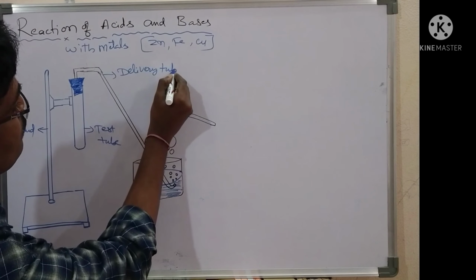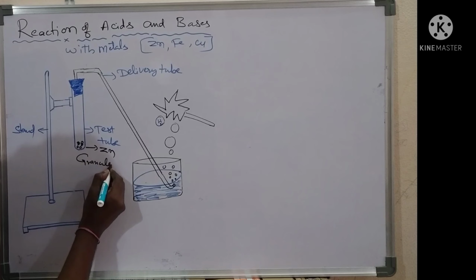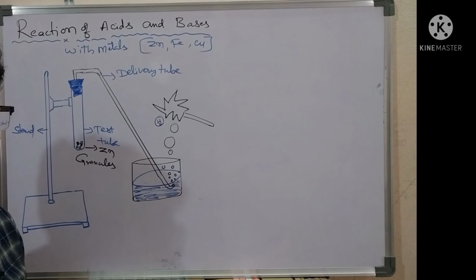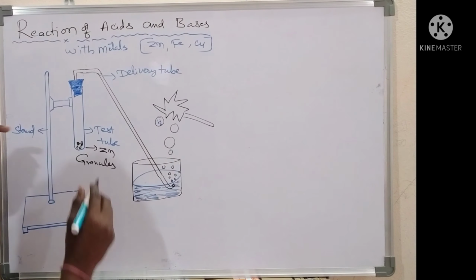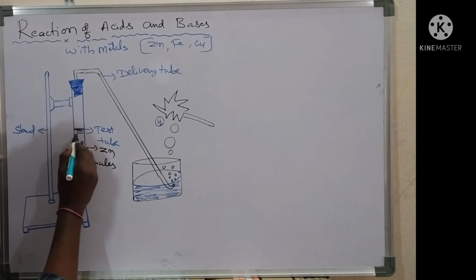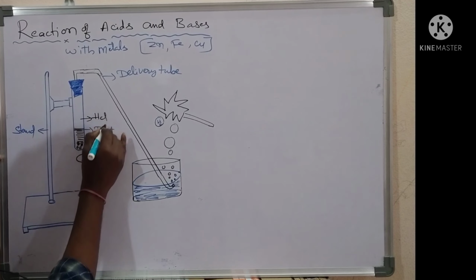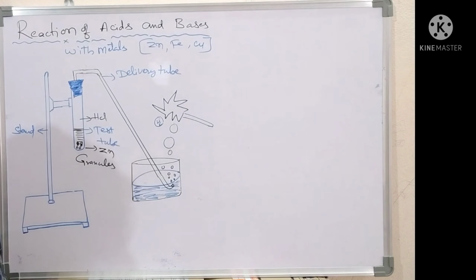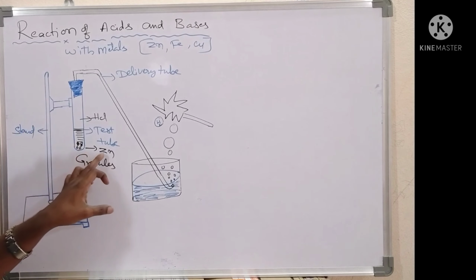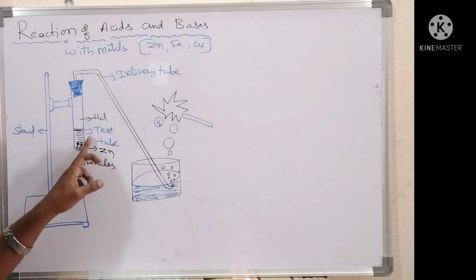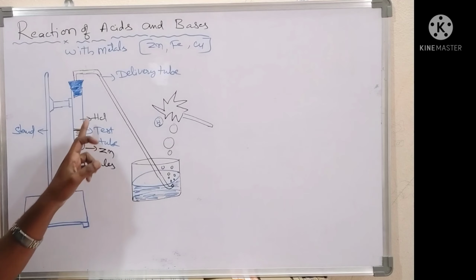In the test tube I have to take zinc granules, and to the zinc granules add dilute hydrochloric acid, HCl. A reaction takes place between zinc and hydrochloric acid.